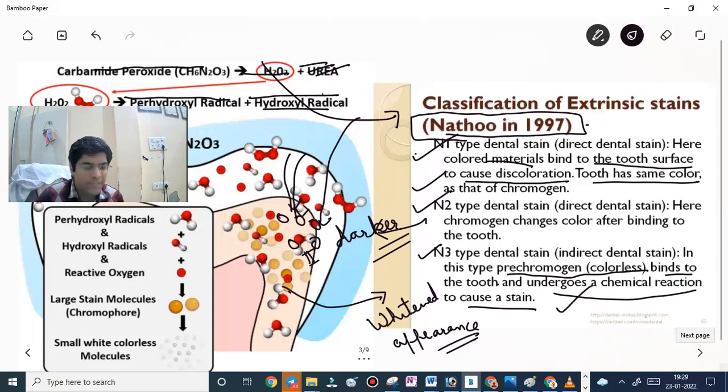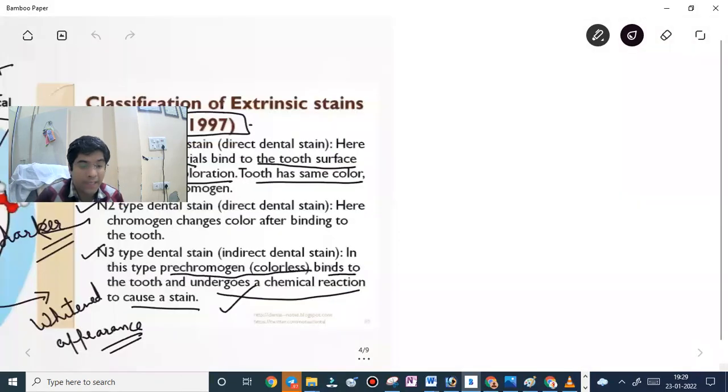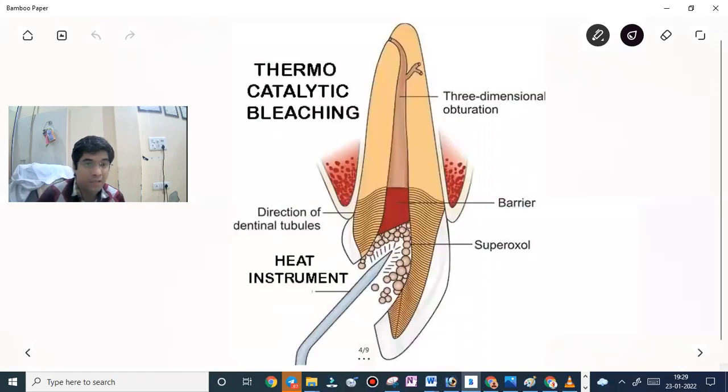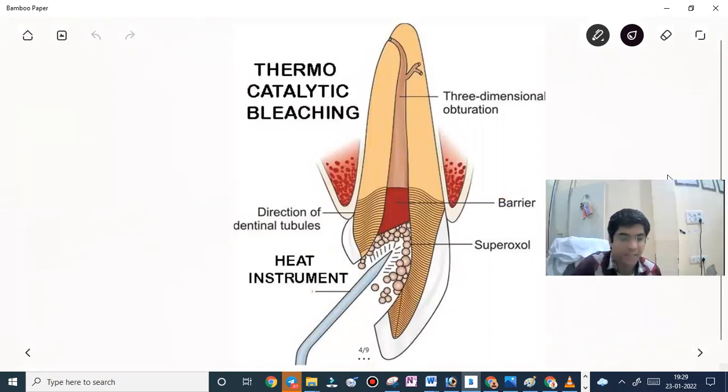Now, what are the bleaching materials that are used? The most commonly used bleaching material is hydrogen peroxide. Remember, hydrogen peroxide is the most commonly used bleaching material.